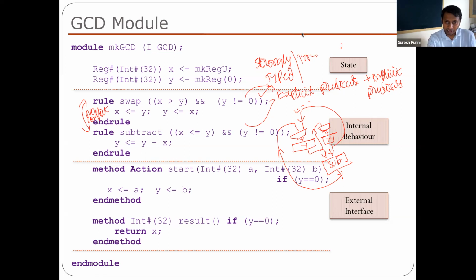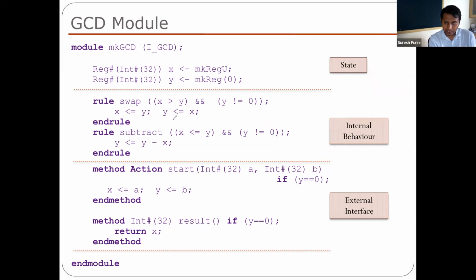Another important thing I would like you to appreciate here is that these two are not sequential statements: X is equal to Y and Y is equal to X. If you think about it, you have this register X with its output here, and register Y with its output here. This goes and comes here, and this goes and comes here.